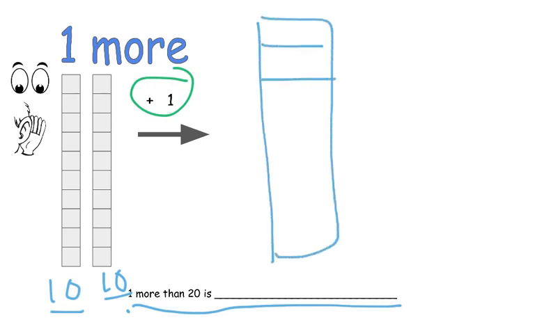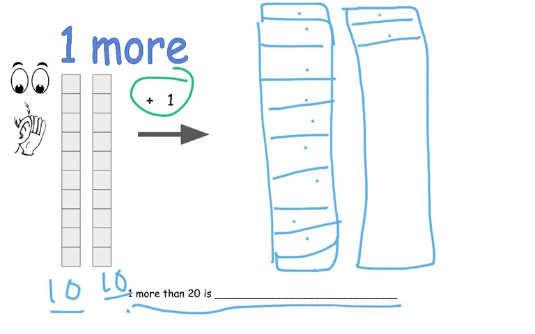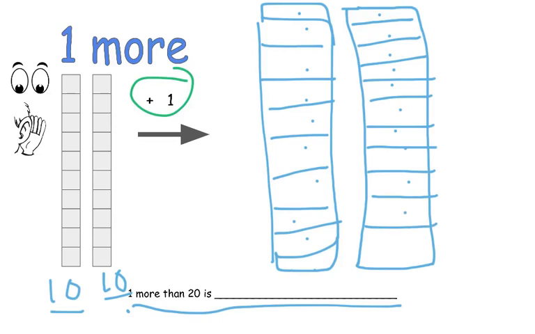So here's my picture. Let's see. 1, 2, 3, 4, 5, 6, 7, 8, 9, 10. Perfect. Okay, there's 10. 11, 12, 13, 14, 15, 16, 17, 18, 19, 20.